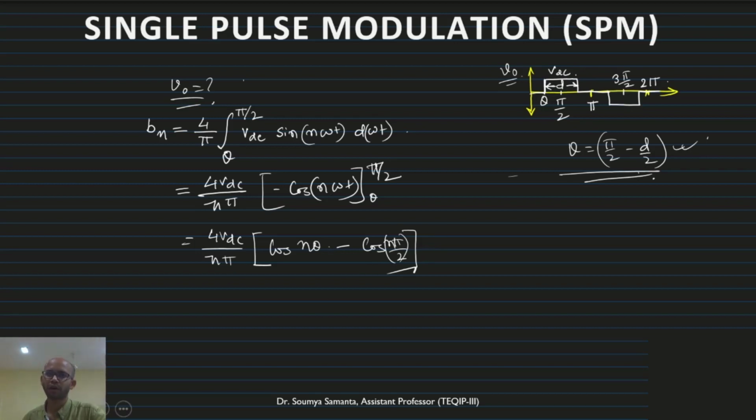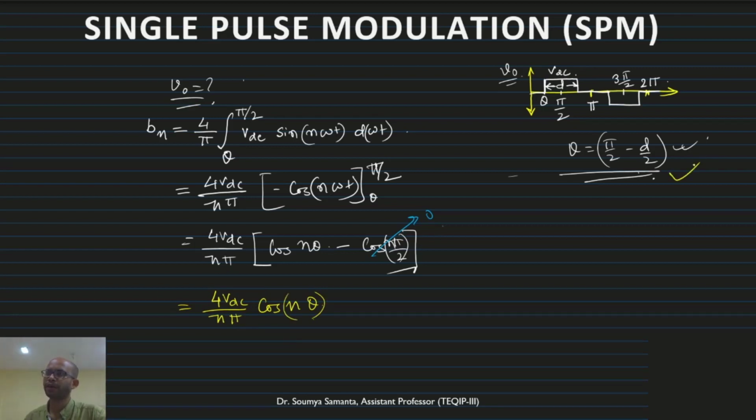This part will be 0 for n equals 1, 3, 5. So what is our final expression? Our final expression will be 4 VDC by n pi cosine of n theta.